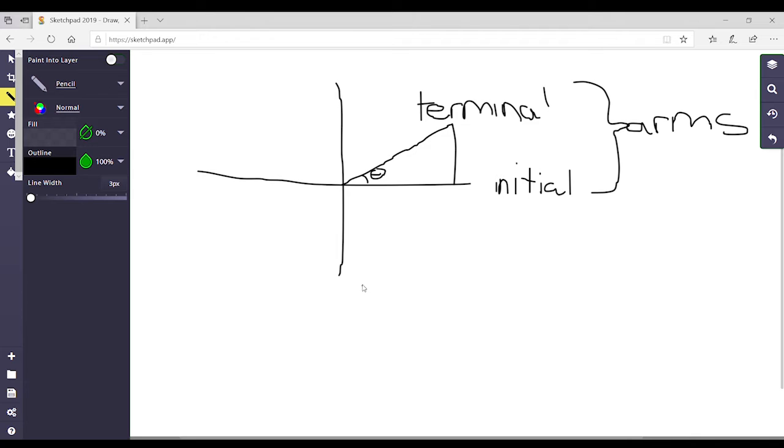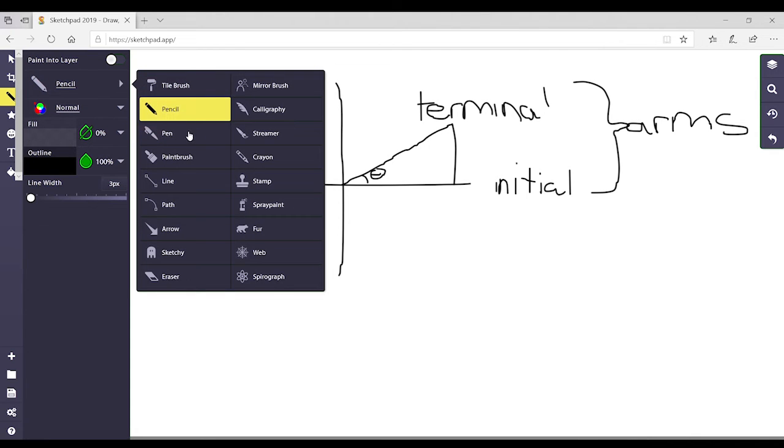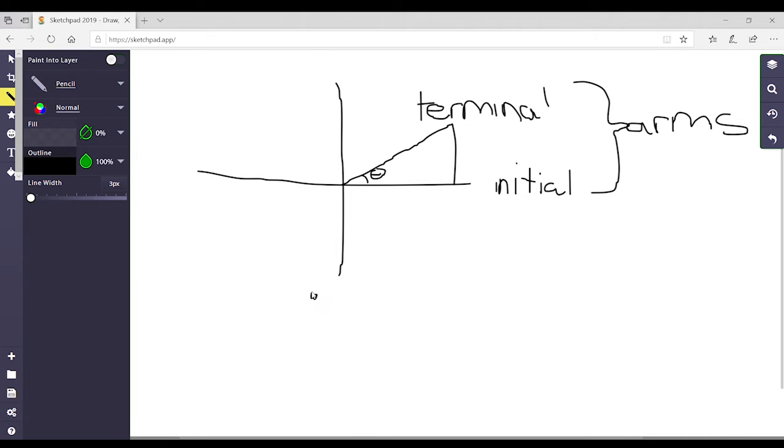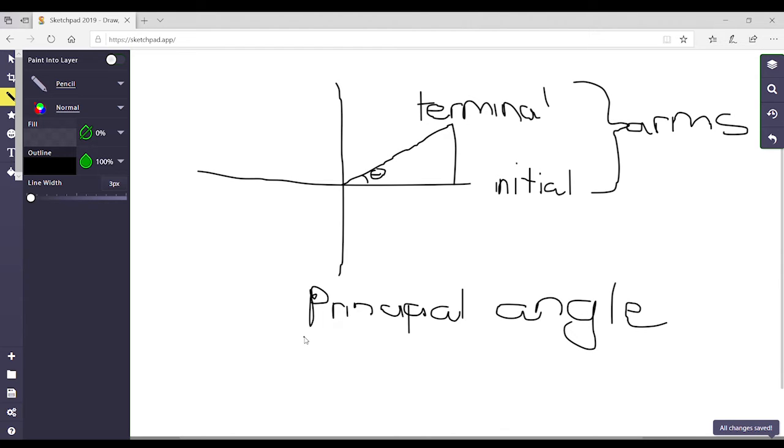Now there are different types of angles too. So there's your principal, like somebody that is the head of a school. Principal angle. And we're going to talk about that in a second.